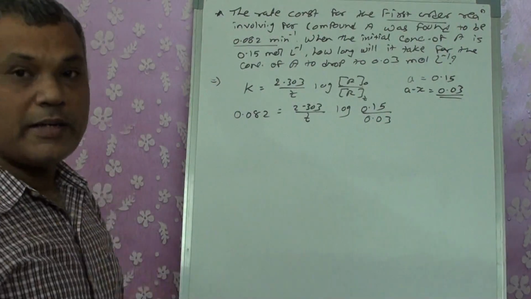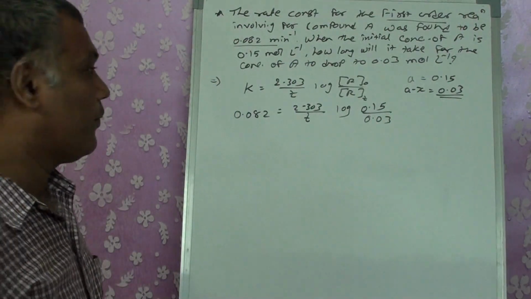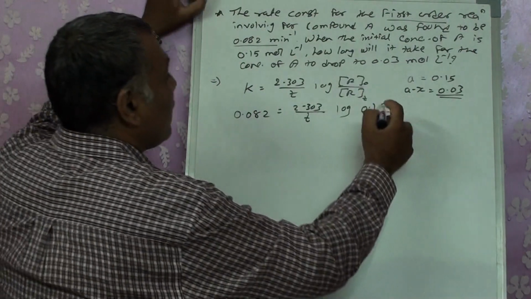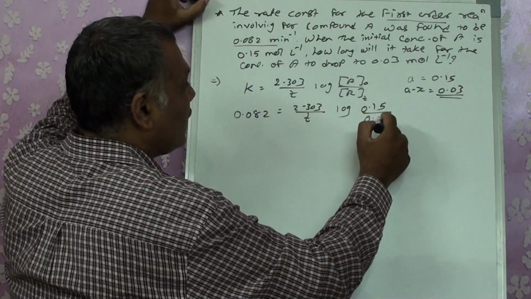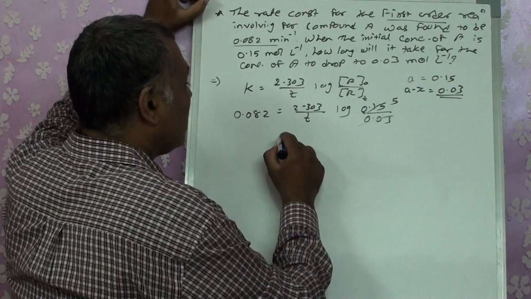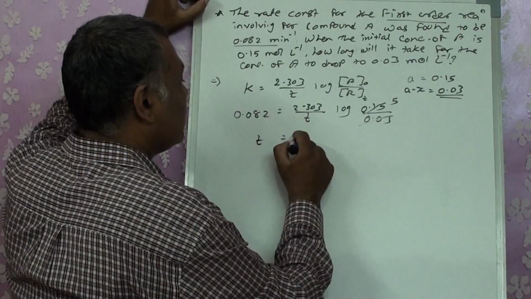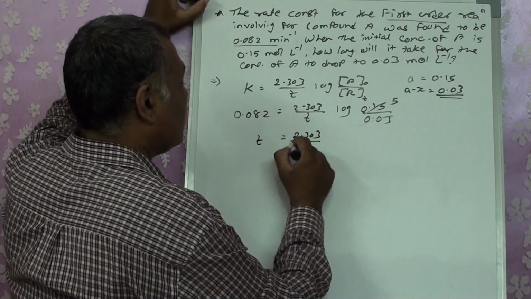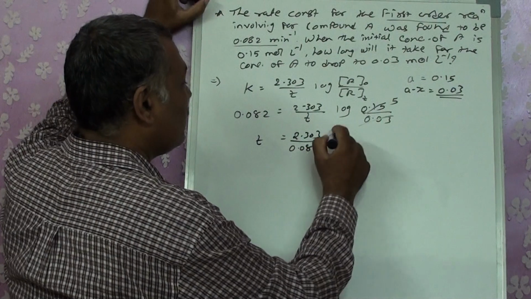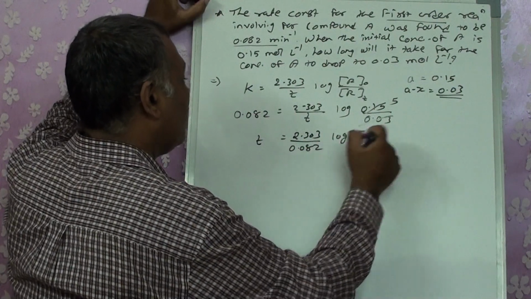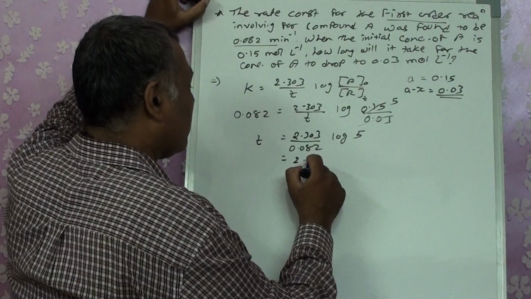A minus X itself is 0.03, right? So we get the answer 5. T is equal to 2.303 upon 0.082 log 5.